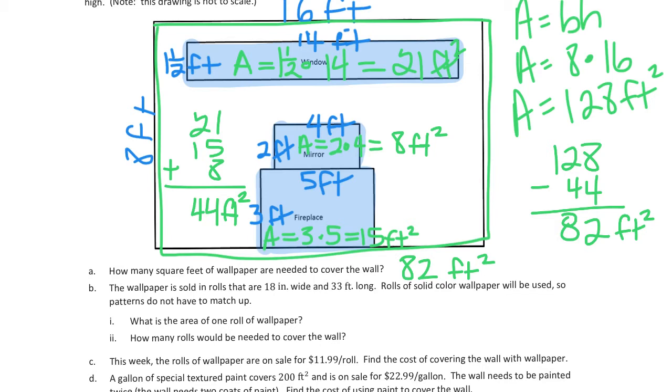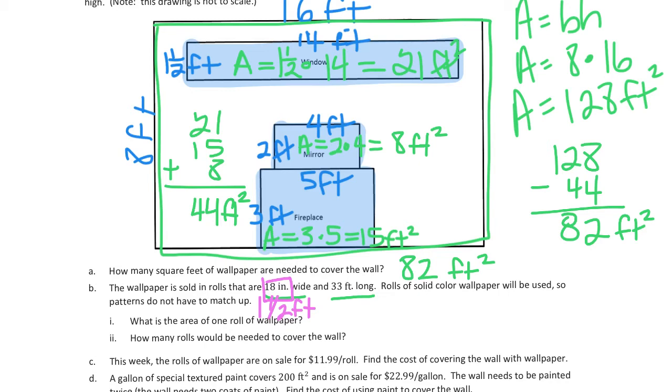So the first thing it asked me is, what is the area of one roll of wallpaper? Well, it's 18 inches wide by 33 feet long. Again, hopefully you notice that means we have 2 different labels. So we have to think again, 18 inches is the same as 1.5 feet.